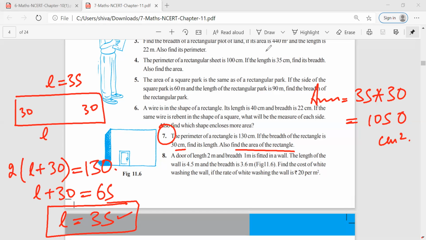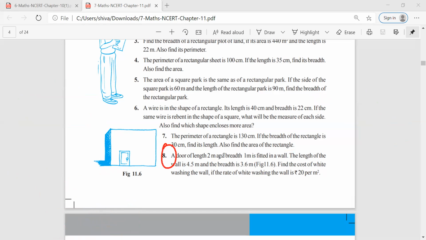And let us see the last question. A door of length 2 meter, breadth 1. The length of the wall is 4.5 meter, breadth is 3.6. So these are the measurements. So this is 2 by 1 and the wall is 4.5 into 3.6.